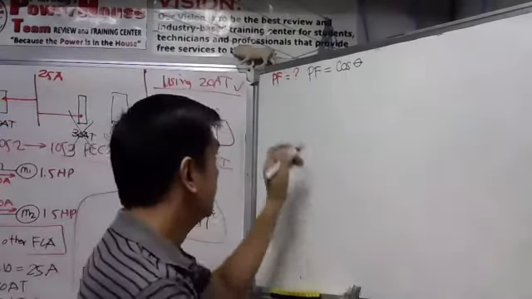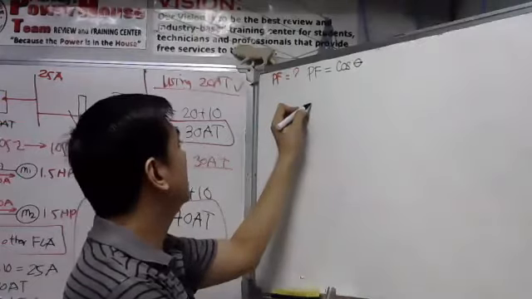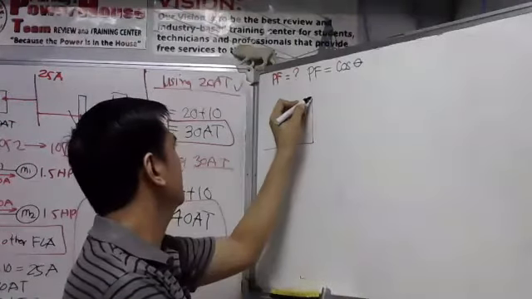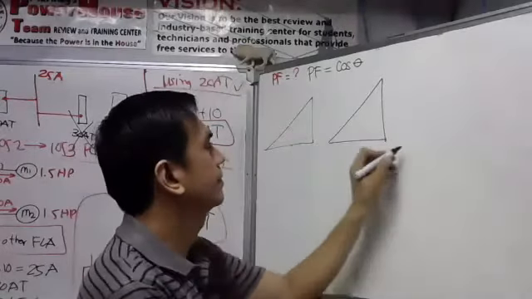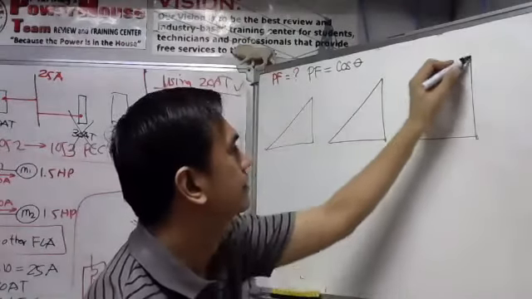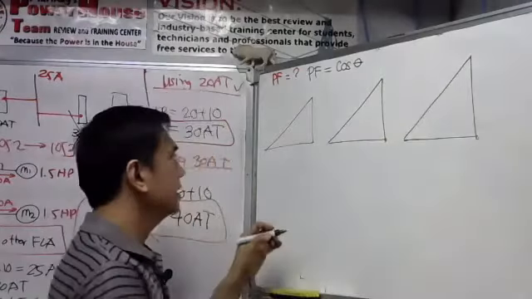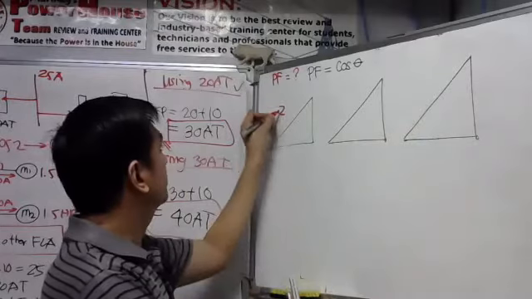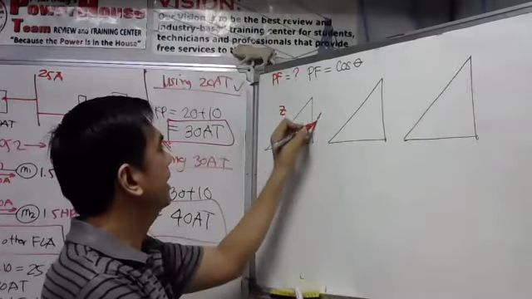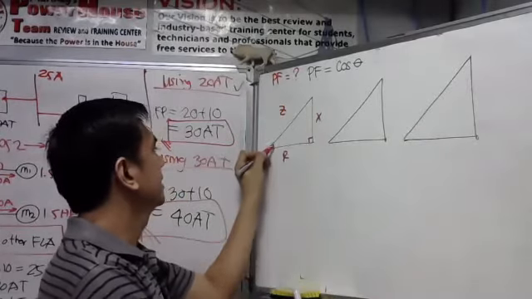This theta is the theta in the three very important triangles in alternating current circuits. Okay, we have the impedance triangle. So this is our Z, resistance R, and reactance X. This is the theta.